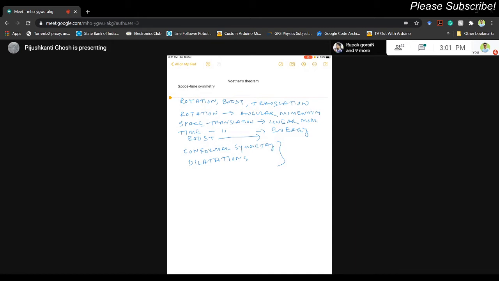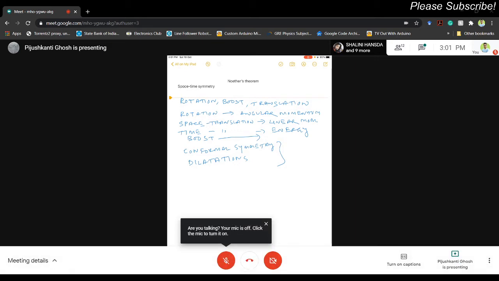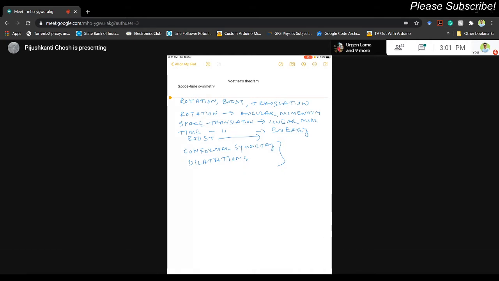Of course, conformal symmetry and dilatations cannot be related, in most cases, to any physical quantity. I am not writing it here, but you can write that conserved quantity means it's constant over time. You can write some expression, but I am talking about something which you can relate to immediately. Say angular momentum, you can relate immediately: spinning top.